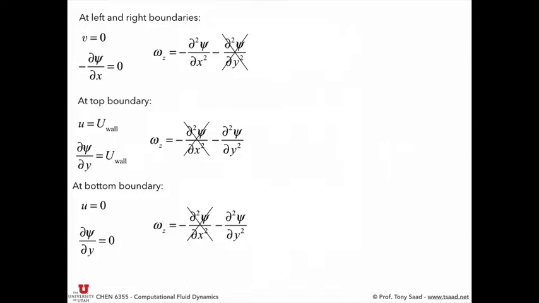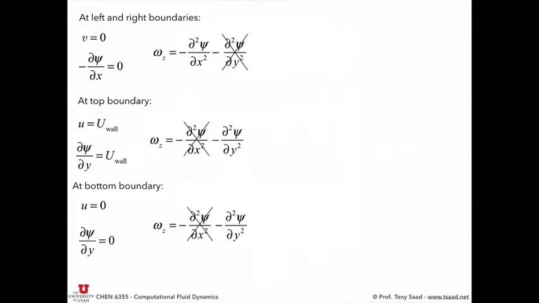So ω_z is ∂²ψ/∂x², because on the left and right boundaries, ψ was a constant along the wall, along y. So ∂²ψ/∂y² is 0. But ∂²ψ/∂x² is not 0, even though ∂ψ/∂x is 0. It's the second derivative that could have a different rate of change.